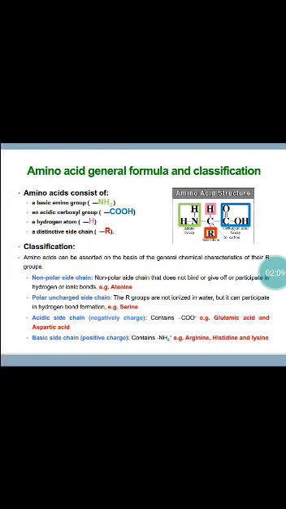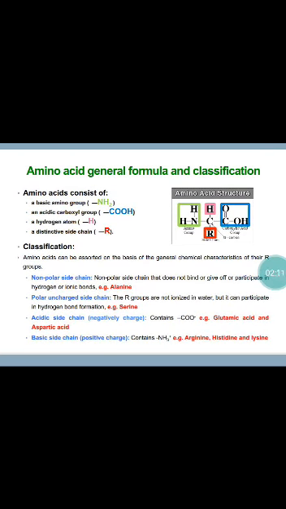Amino acids. General formula and classification. Amino acids consist of a basic amino group, an acidic carboxyl group, a hydrogen atom, and a distinctive side chain. Classification: amino acids can be sorted on the basis of the general chemical characteristics of their R groups.